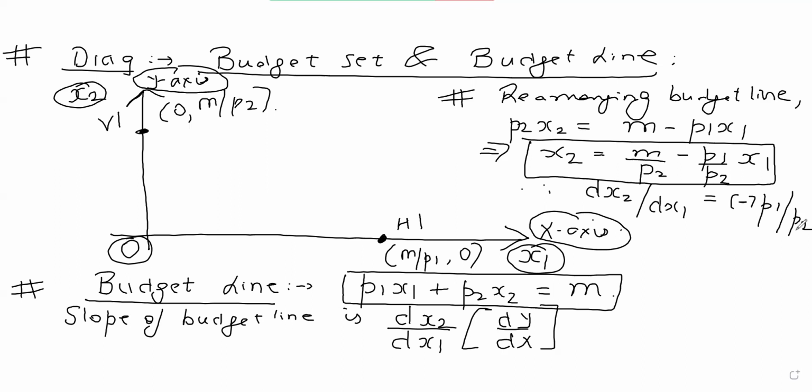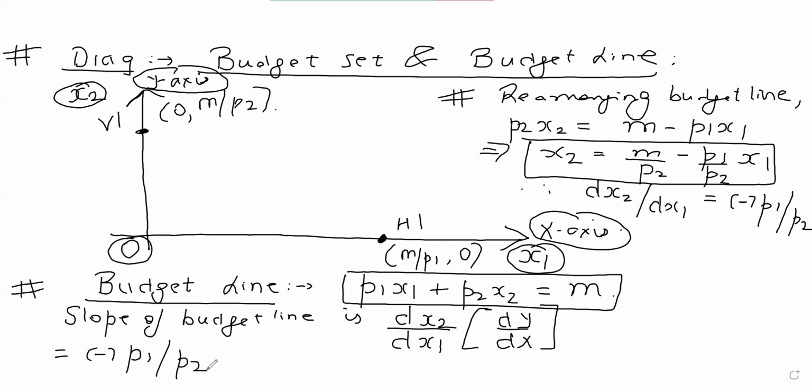Again, students who have taken my intermediate microeconomics course should be comfortable with mathematical methods for economics as a prerequisite for my intermediate microeconomics part 1 course. So the slope of the budget line is minus P1 by P2, which is the ratio of the prices.